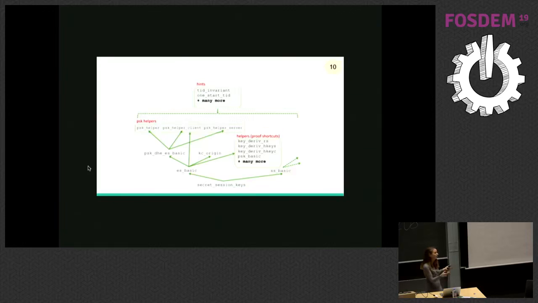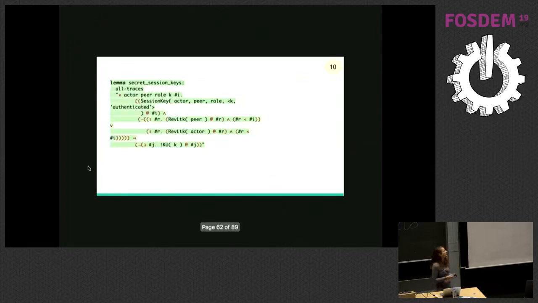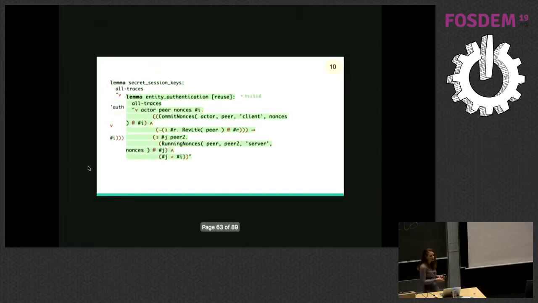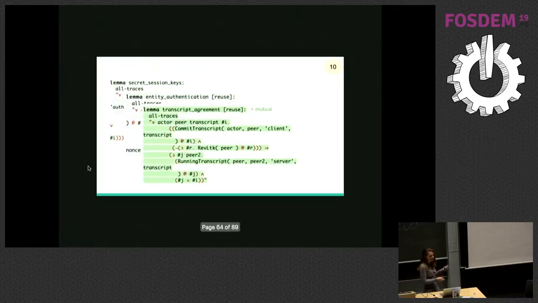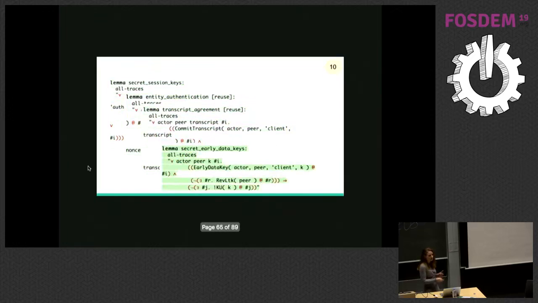So to get to our proofs, we needed to write and prove about 45 auxiliary lemmas. Okay, but we did that for draft 10, and we found that secret session keys was good, so was entity authentication and its mutual variant, transcript agreement and its mutual variant, and also the secrecy of early data keys. So draft 10 looked good.